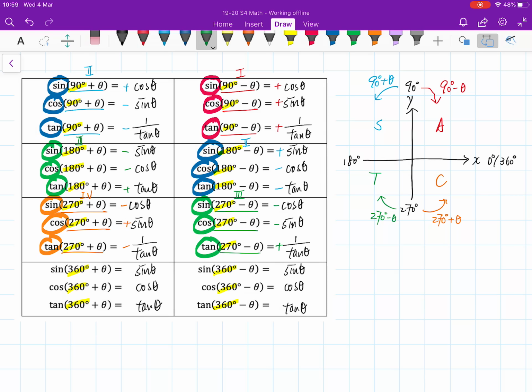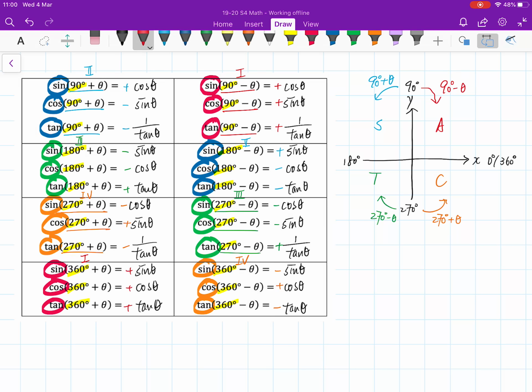Okay, then for 360 degree minus theta, it will fall into quadrant 4. And in quadrant 4, only cosine is positive. And finally, for 360 degree plus theta. Okay, so it will finally go back to quadrant 1 again. And in quadrant 1, sine, cosine, and tangent are all positive.